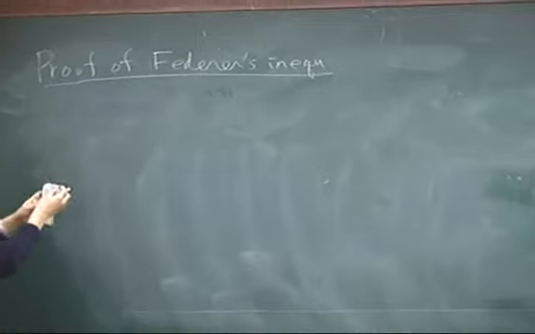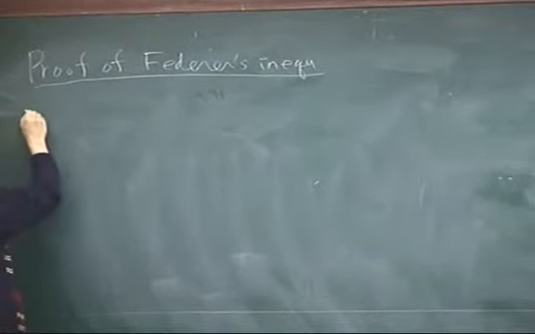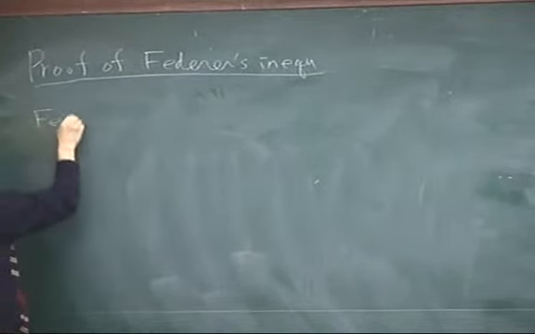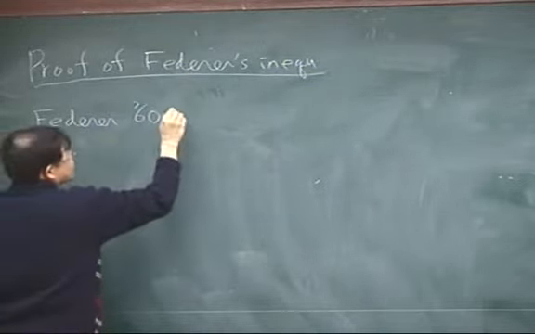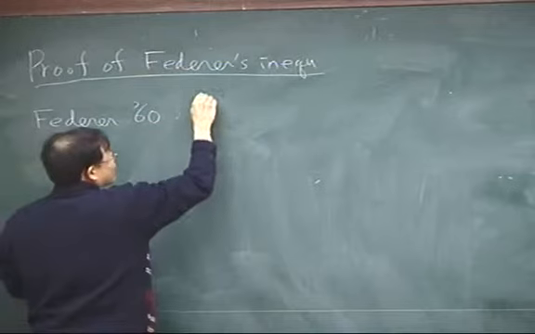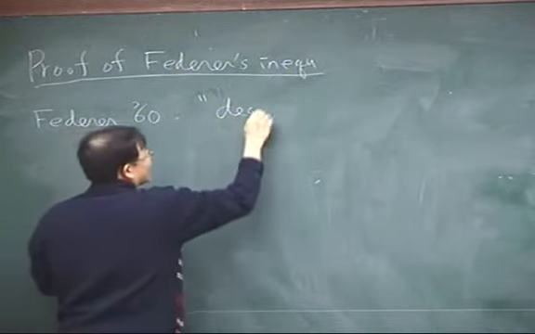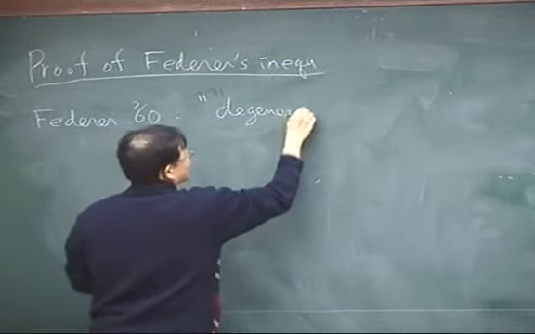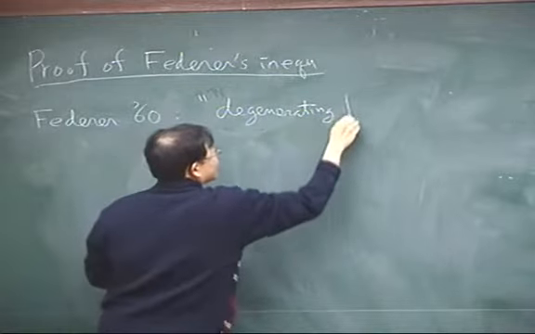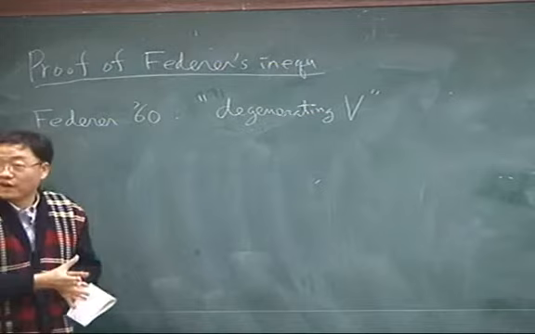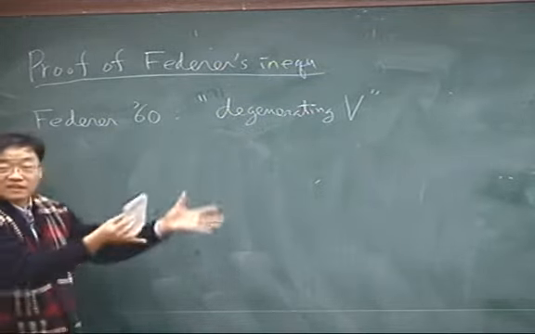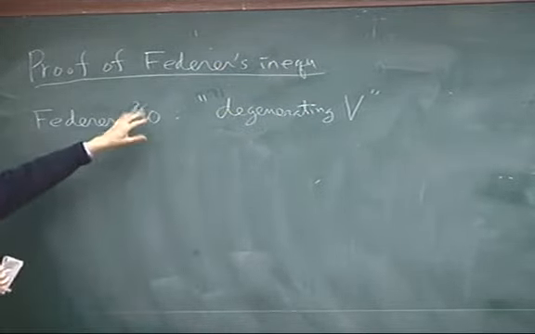There are many proofs, but the first proof by Federer is in the 60s. You may say that this degenerates the variety, radially. So that was his original proof.